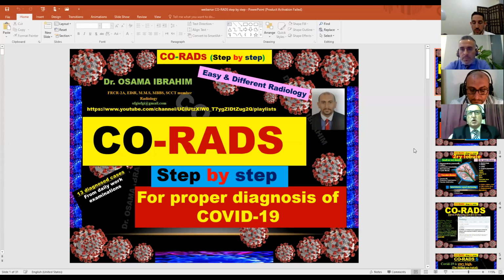But there is no indication to increase the dose further, because we should understand that the role of this steroid is to reduce the inflammatory reaction seen in patients with severe and critical COVID. If you go to high doses, you will compromise the immune system, so it will have a deleterious effect rather than benefit.